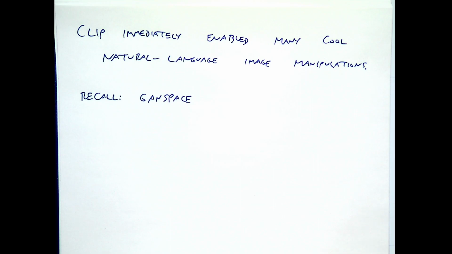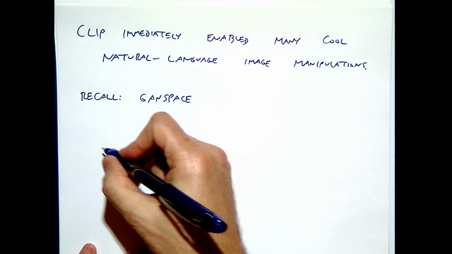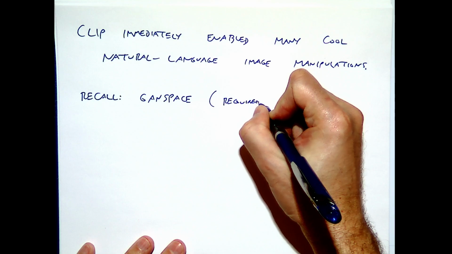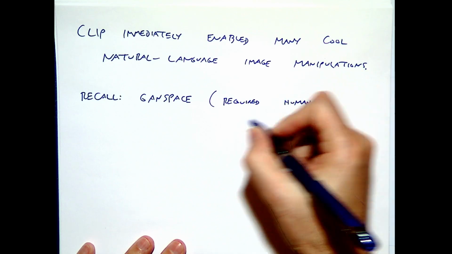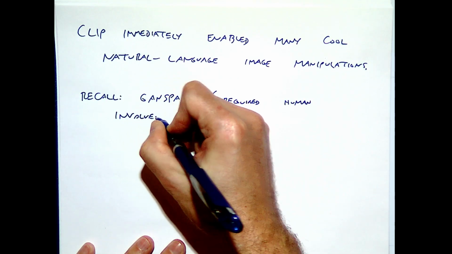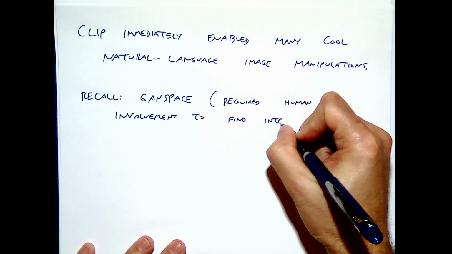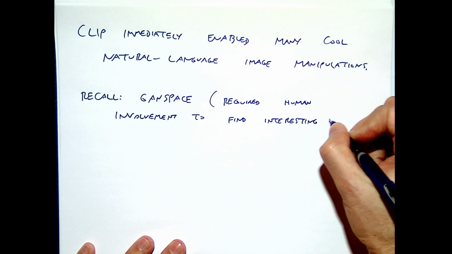But they had to manually explore the space to give these text tags to what was happening in the image, right? So CLIP made it possible to automatically find interesting edit directions and match them up with text without the human being in the loop at all, right? GAN space basically required human involvement to find interesting directions in latent space.